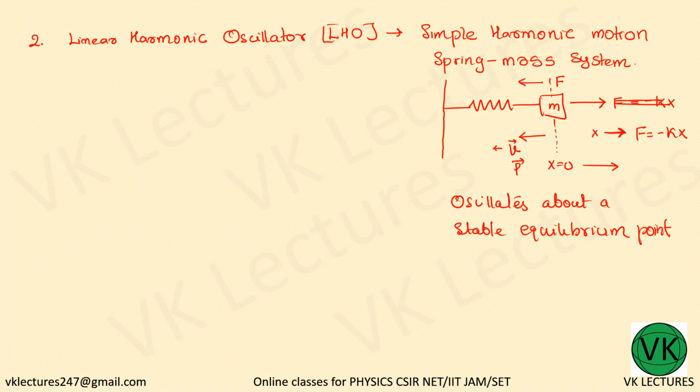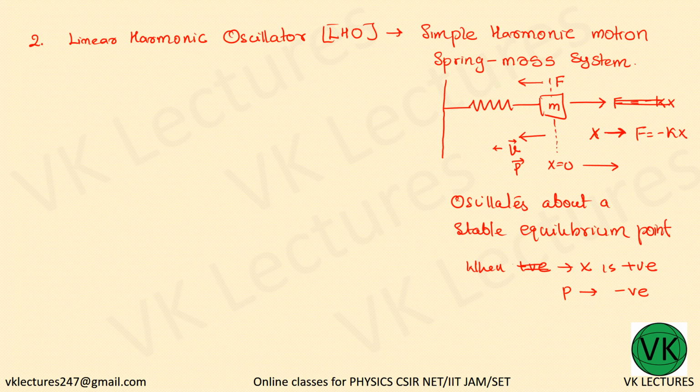So when x is positive, the momentum p is negative. That means when you push the x towards the positive direction, the momentum developed will be in the negative direction.